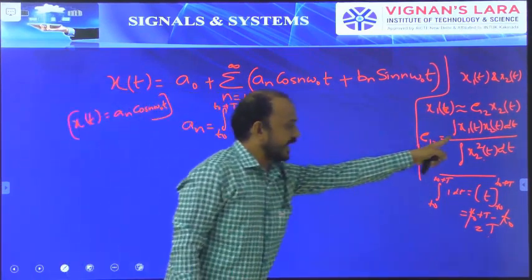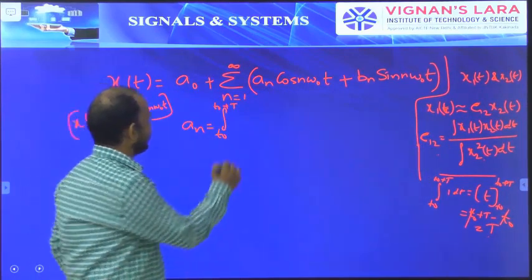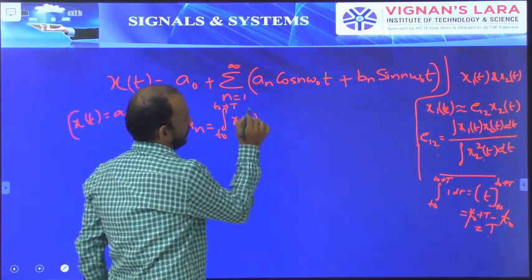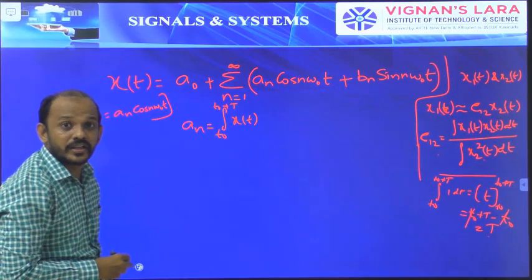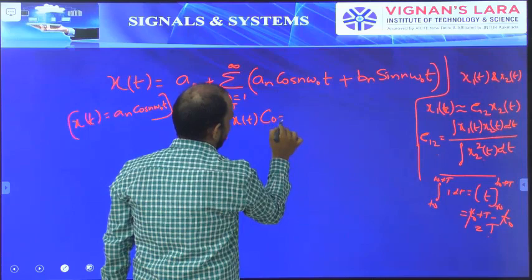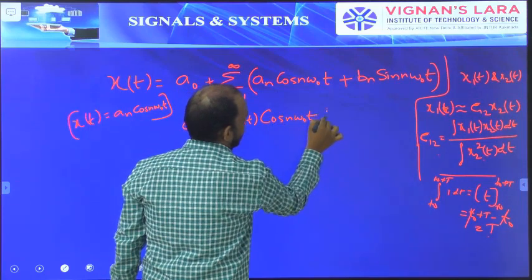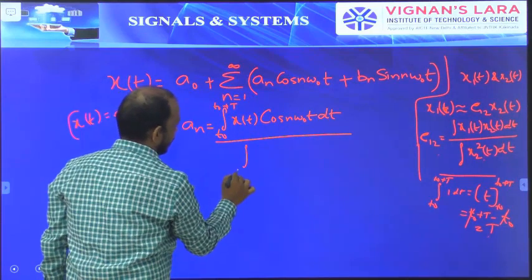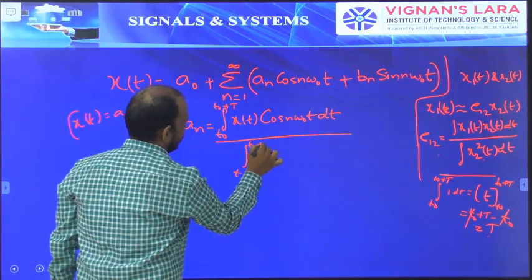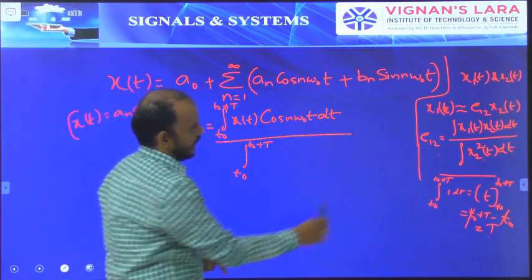So first I write x1 of t. So x1 of t is x of t, into x2 of t. x2 of t is cos n omega naught t, dt, divided by integral t0 to t0 plus T of x2 square of t.